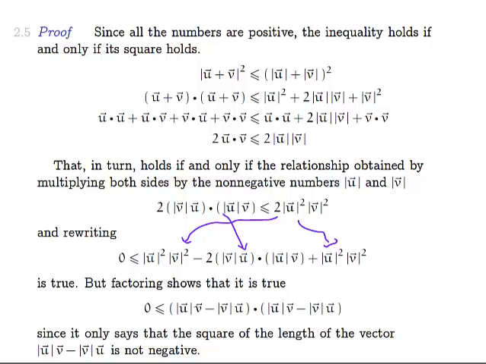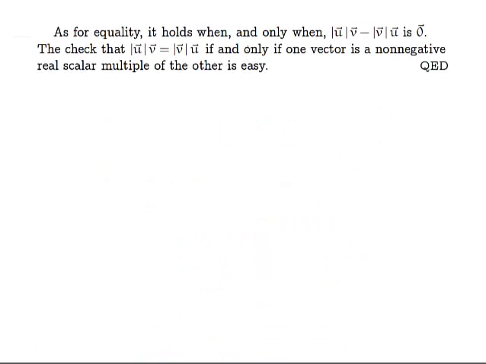If this vector turns out to be 0, then I have 0 on the right hand side, and that gives me equality here, and I can work my way back to have equalities in all of the statements in my chain of reasoning. So the only way that this can be equality is if one vector is a non-negative real scalar multiple of the other. Okay. All right.